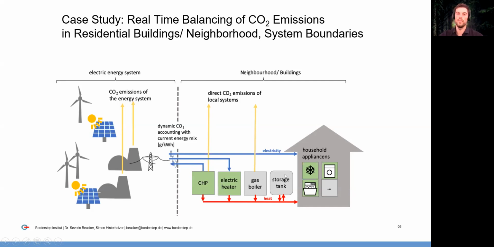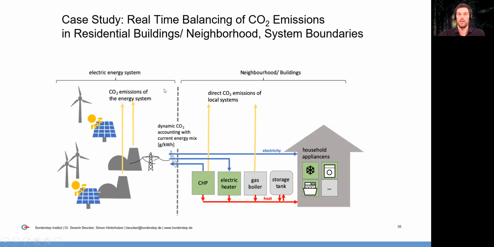And we have a heat storage, which is really important for flexibility or shifting heat production from one hour to the other. And here we have the line where we account the CO2 emissions depending on which hour the electricity is consumed or the electricity is produced in the CHP.